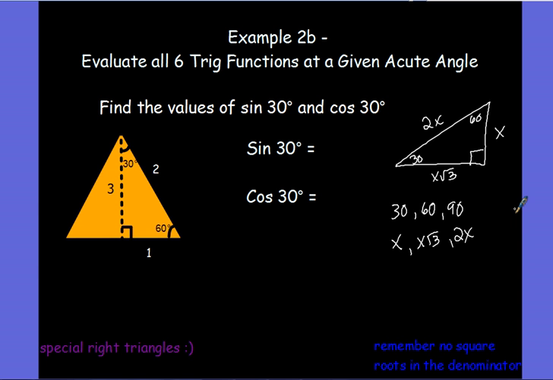Let me make it fun. This is my 30, this is my 60, and I'm going to tell you this is 7. Find the other 2 for me. Do you remember how?